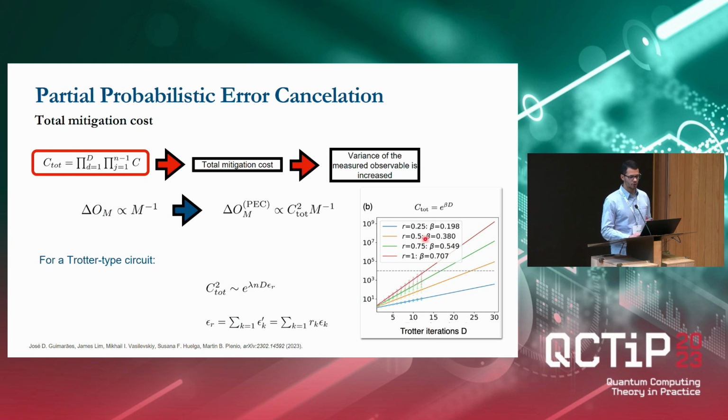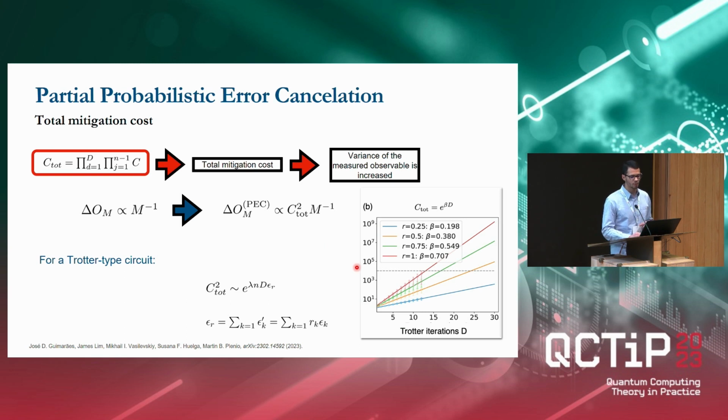But for different R, we have different scalings of this cost. And we can find that as we reduce R, we exponentially reduce C total, okay? Which means that we need to execute for a smaller R exponentially less circuits in the quantum device, or employ exponentially less shots in the quantum device.